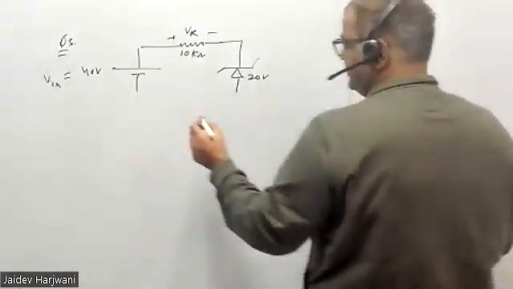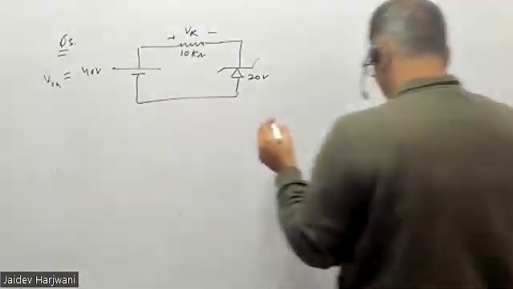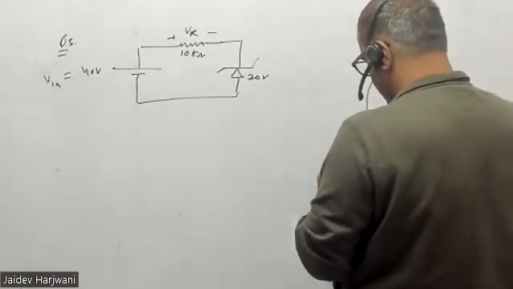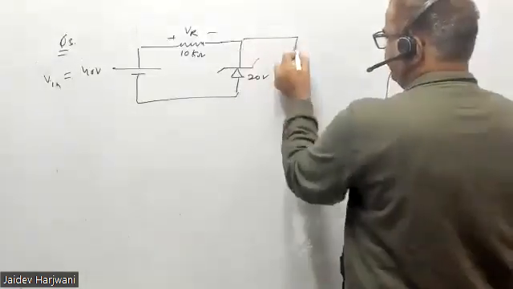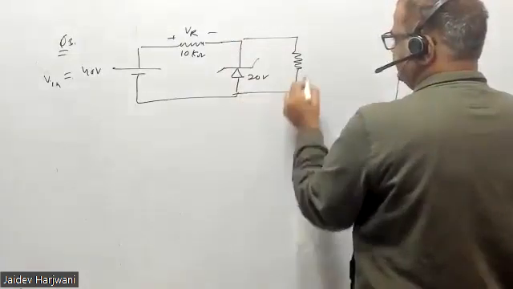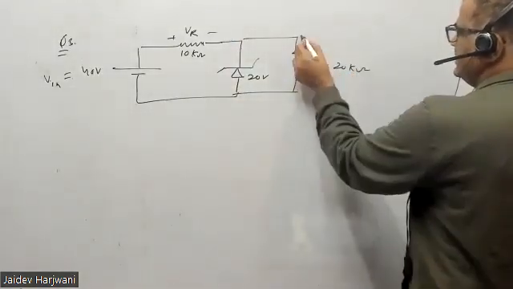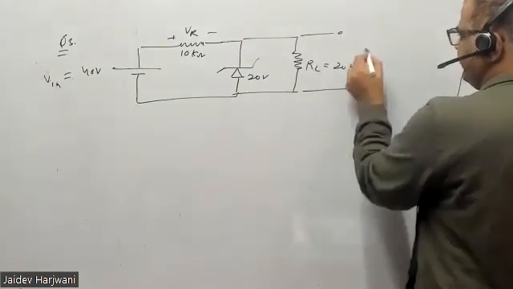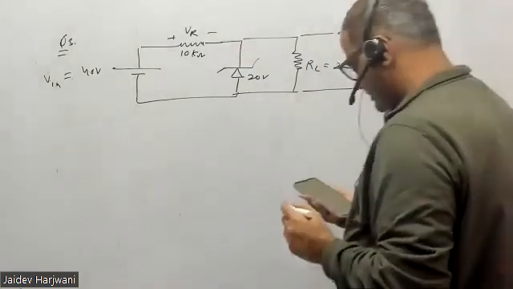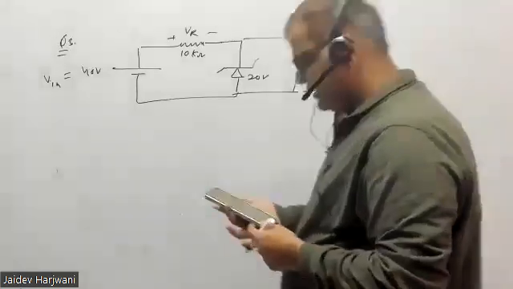Okay, VZ, and you have a resistance here, RL of 20 kilo ohm. इसके across you are measuring the voltage VL because this is the load. So IZ पूछा है.